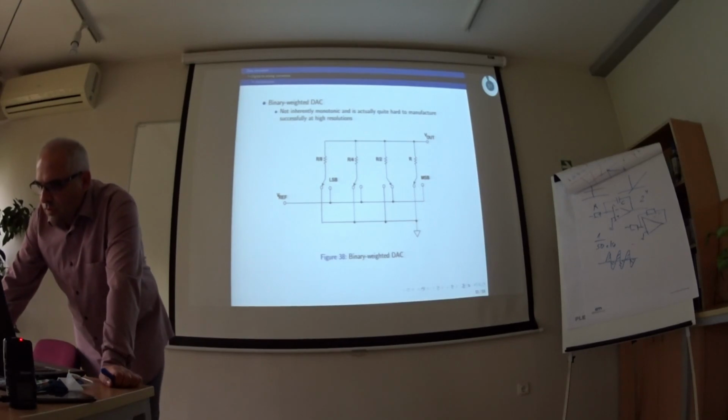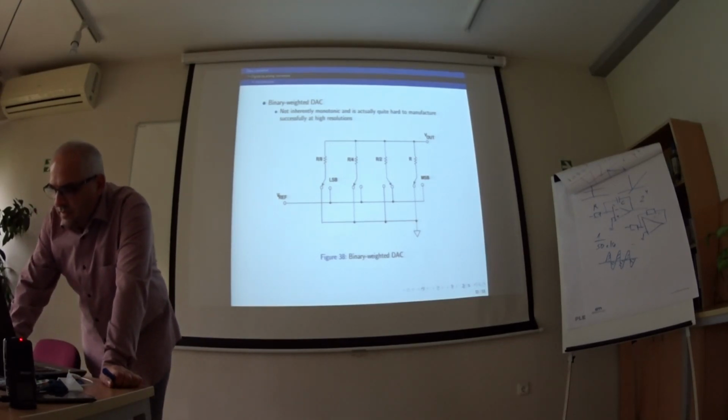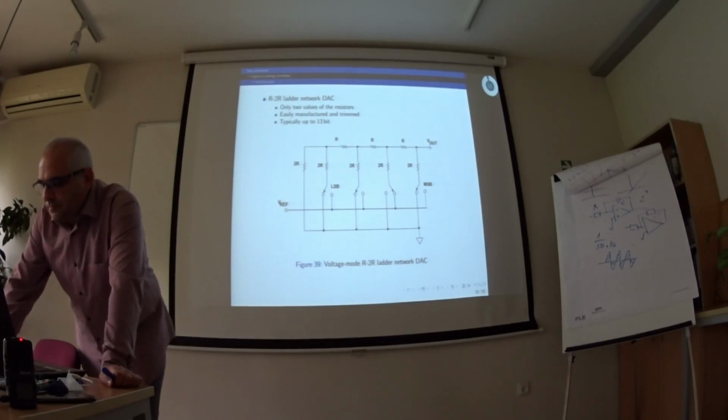Such a converter is very hard to produce because of the very different values of the resistors. We can use a so-called R-2R network.